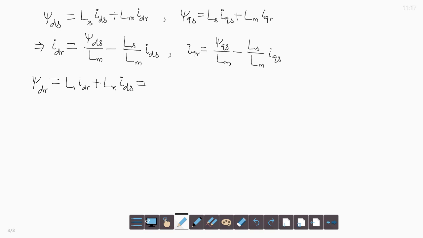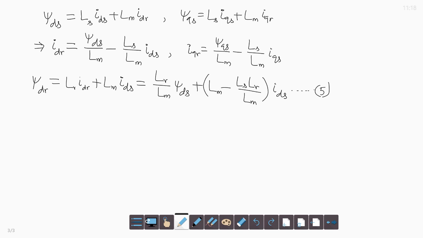So, it is Lr by Lm into psi ds plus (Lm minus Ls Lr by Lm) into Ids. This is equation number 5.